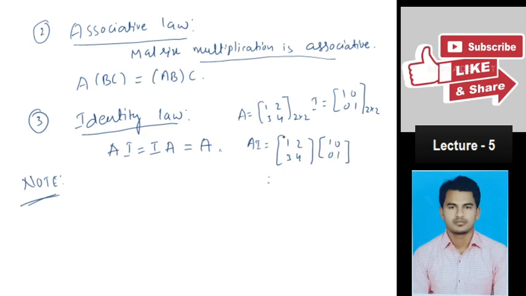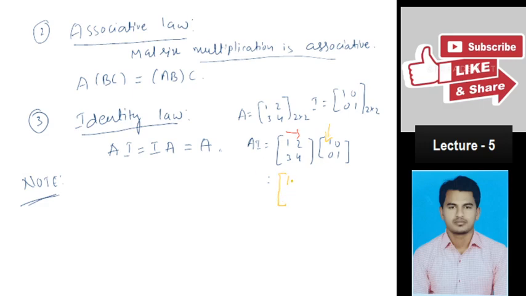I told you the process of multiplication is row into column. This is the first row, this is the first column.